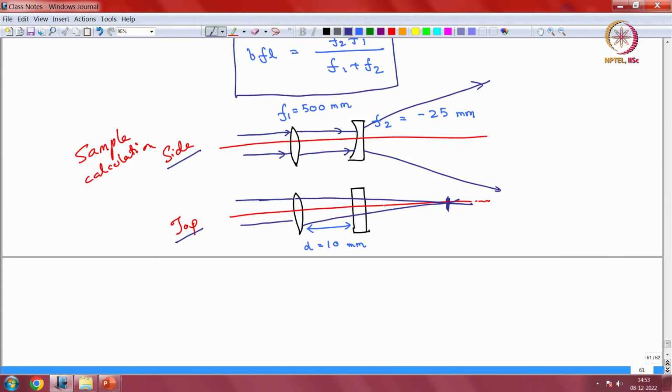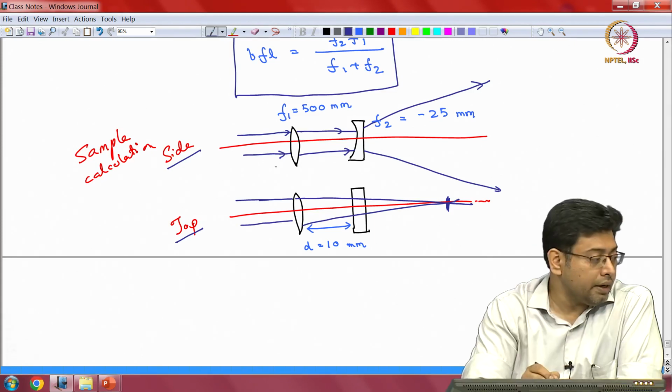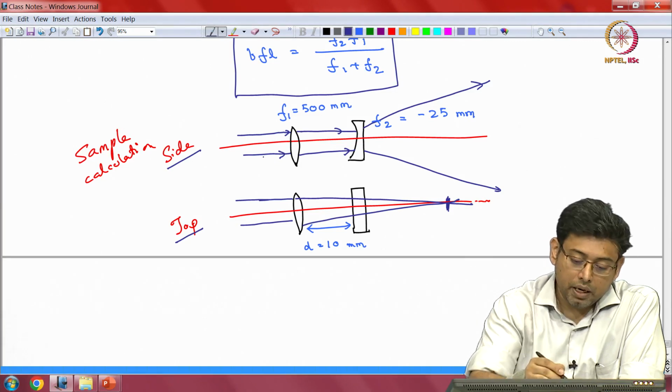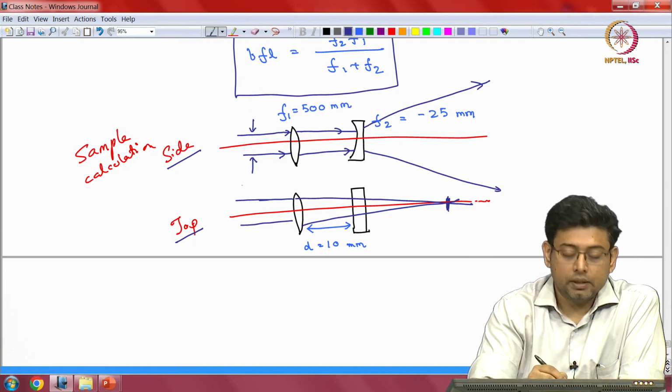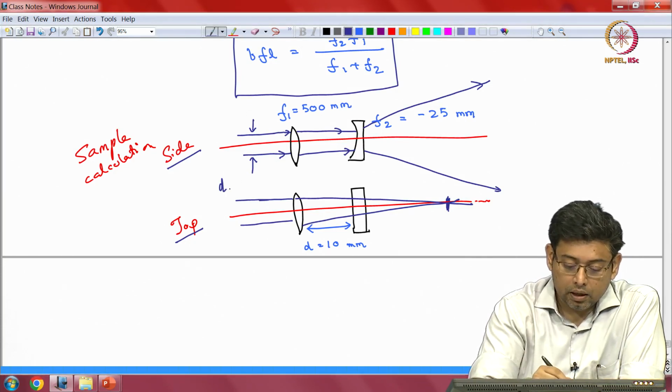Consistent with our discussion on collimated light, we said that there is a beam entering from the side, and let us say this beam diameter is provided to you as d laser equal to 2 millimeters.